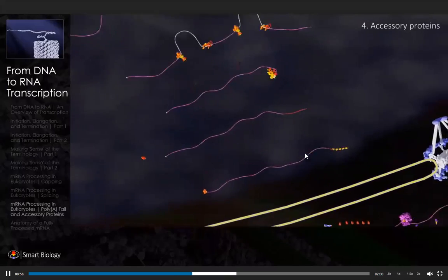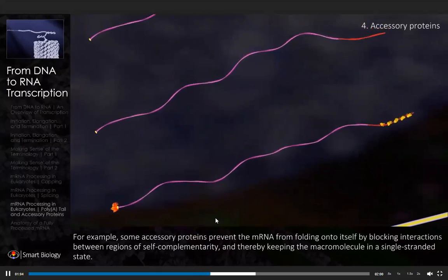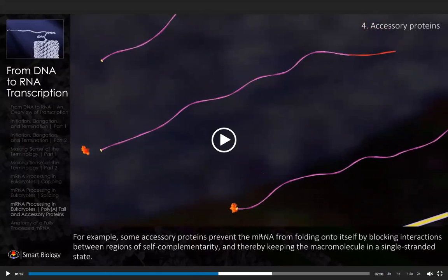So here on the poly-A tail, you can see that many proteins are binding. These proteins can help prevent the mRNA from folding onto itself. So it will prevent it from forming these higher order structures in regions of self-complementarity. And this will allow the macromolecule to remain single-stranded, not fold too much, and exit the nuclear pore in an effective manner.